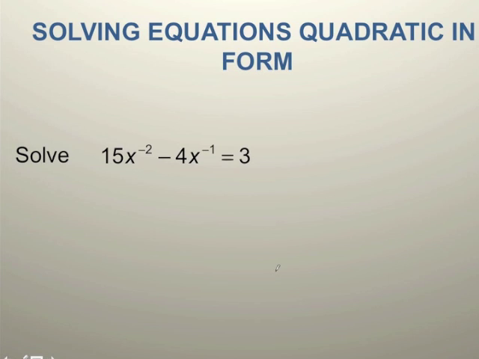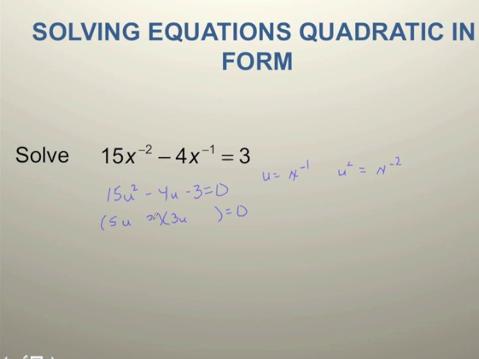Well, here I've got some negative exponents, and I could just make this 1 over x squared. But I think what I'm going to do is use a u substitution again. u equals x to the negative 1. So u squared equals x to the negative 2. So now I can have 15u squared minus 4u minus 3 equals 0, getting it equal to 0. I'm going to try 5u and 3u.